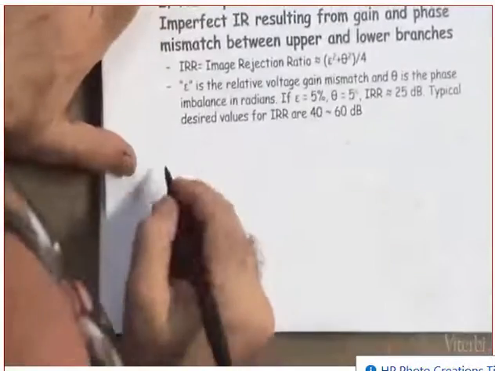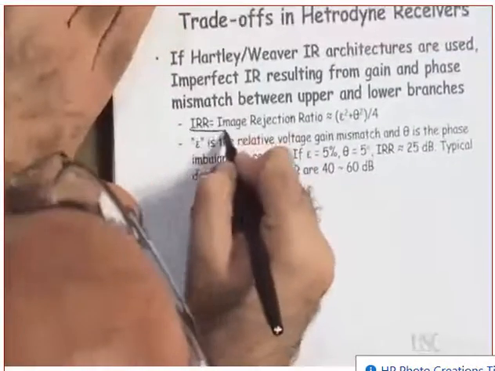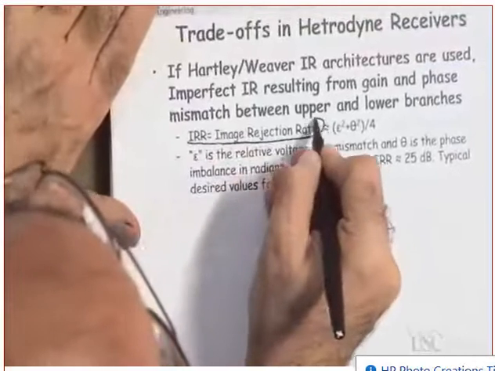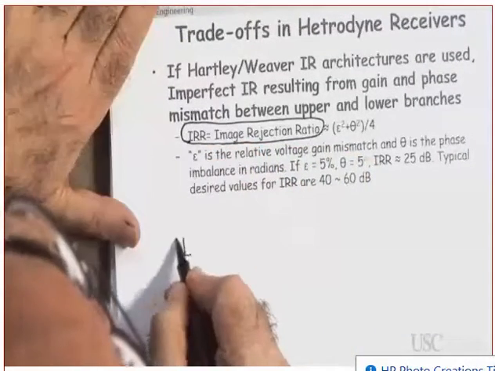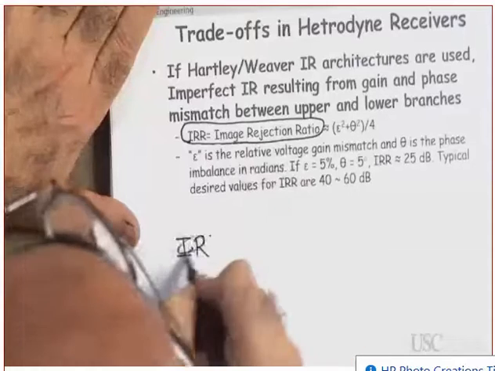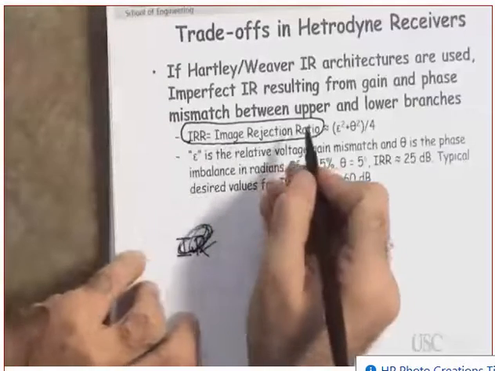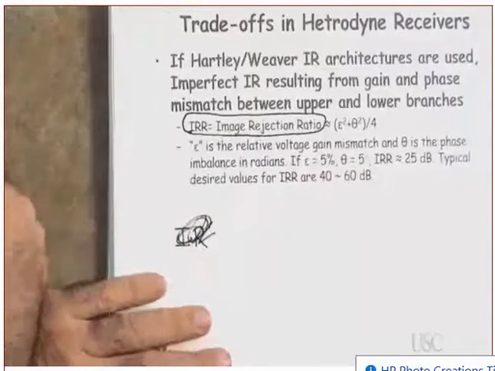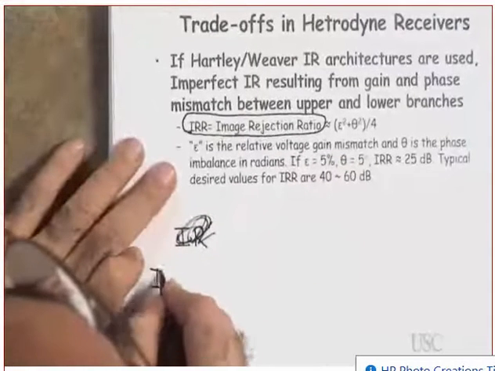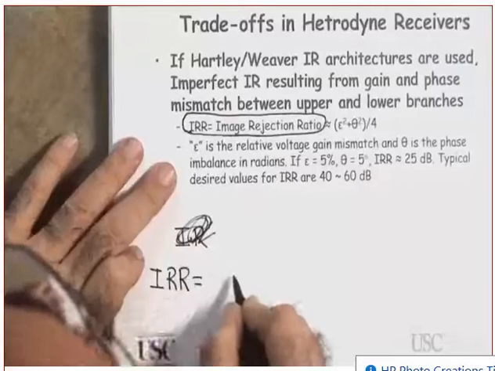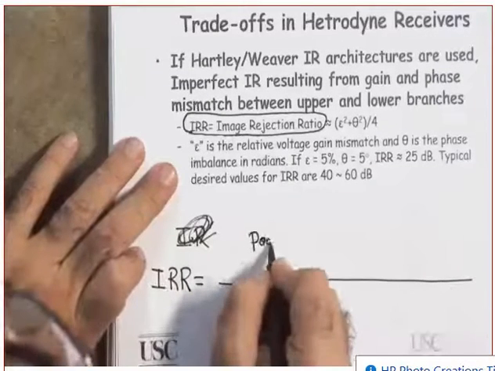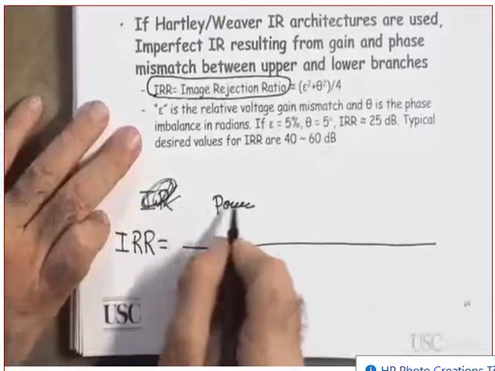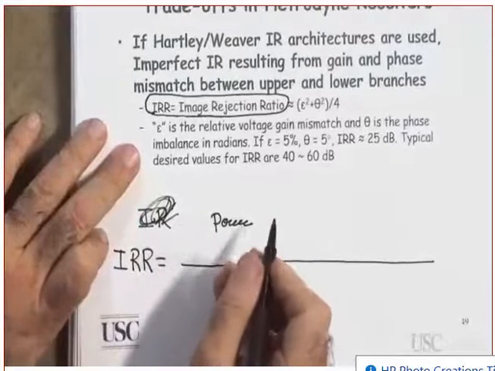Okay, now I want you to remember this very important ratio. It's called IRR. IRR stands for image rejection ratio. Listen to how we define the image rejection ratio. Let me define it first. Power. You do understand when I say power, everything is average power. Clear?